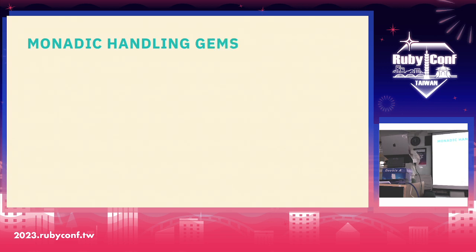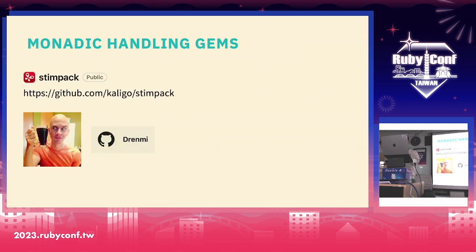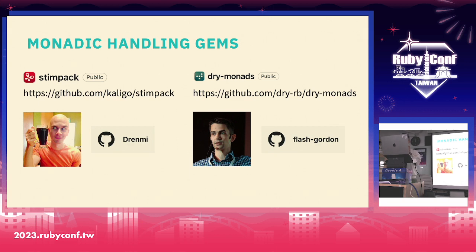We also have some monadic handling gems. The first one is Steampunk, written by Ted. And the next one is also really famous. I think the most famous for now is dry-monads. And I think Team also has some review of that as well.